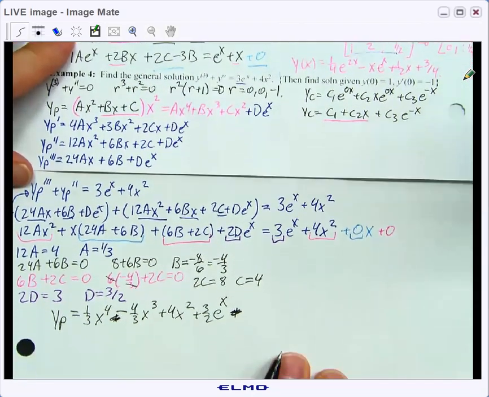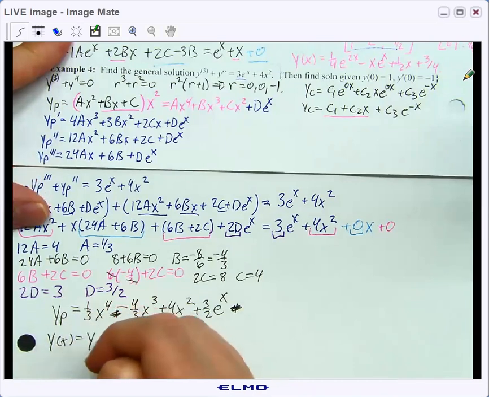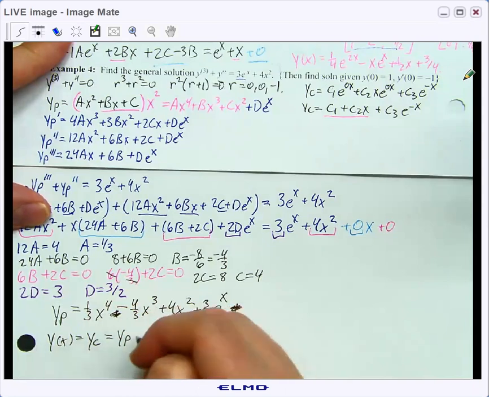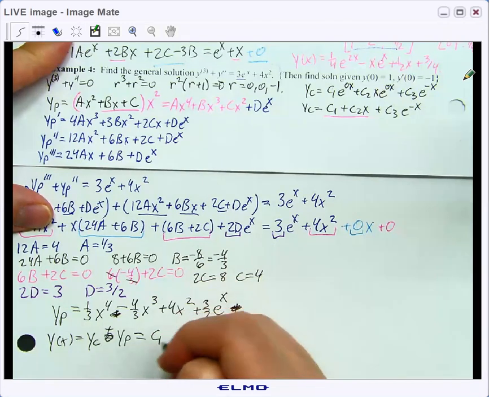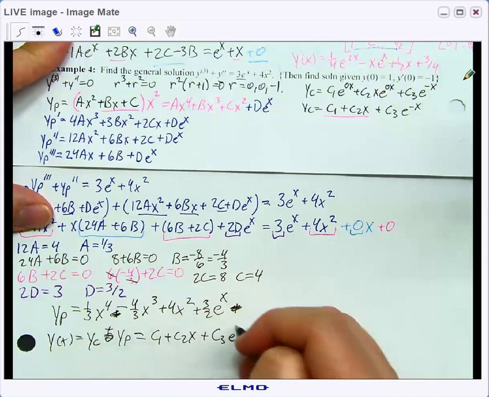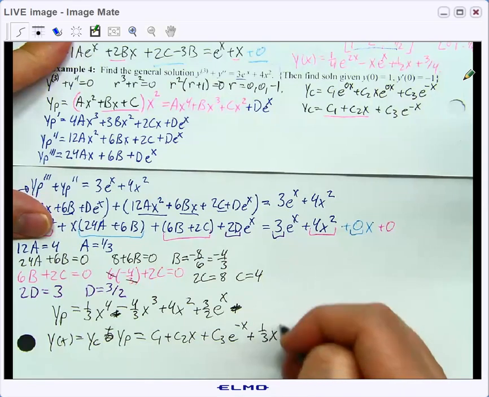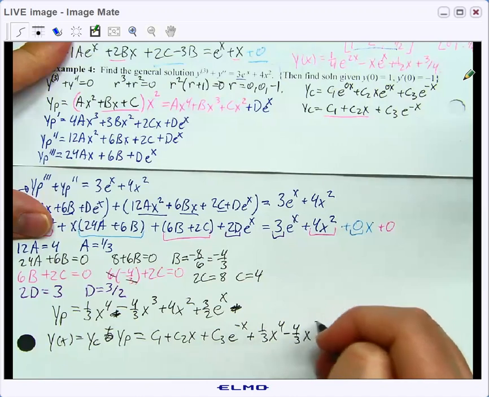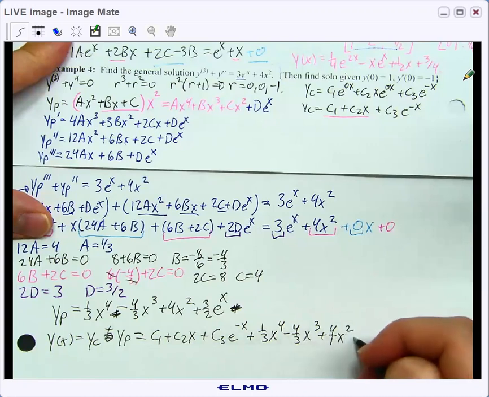Then to make the general solution, we do our homogeneous piece plus our particular solution. So that would be c1 + c2x + c3 e^(-x) + 1/3 x⁴ - 4/3 x³ + 4x² + 3/2 e^x.